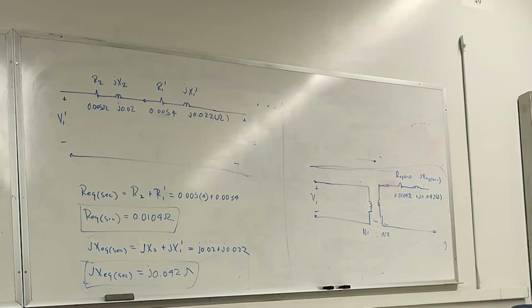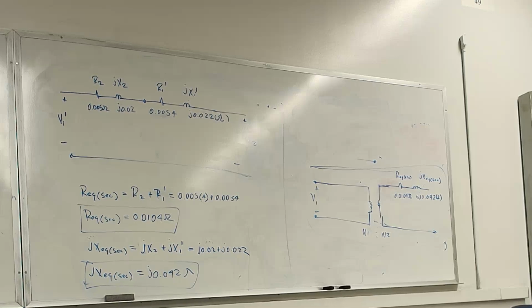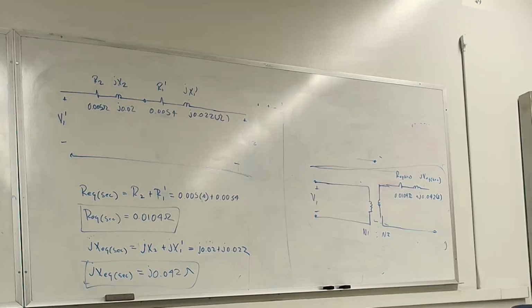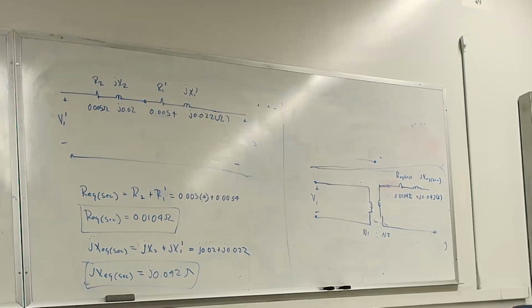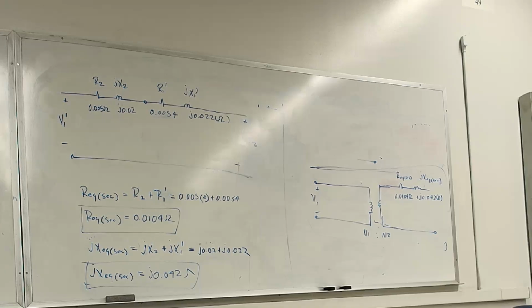The point I'm gonna make is, if anybody ever gives you any transformer impedances, whether it's a large or small transformer, and the R value happens to be larger than the X value, that is most likely wrong. And I see it in books.